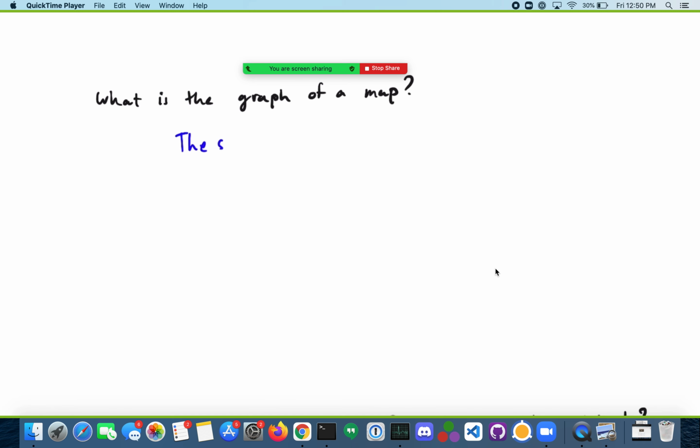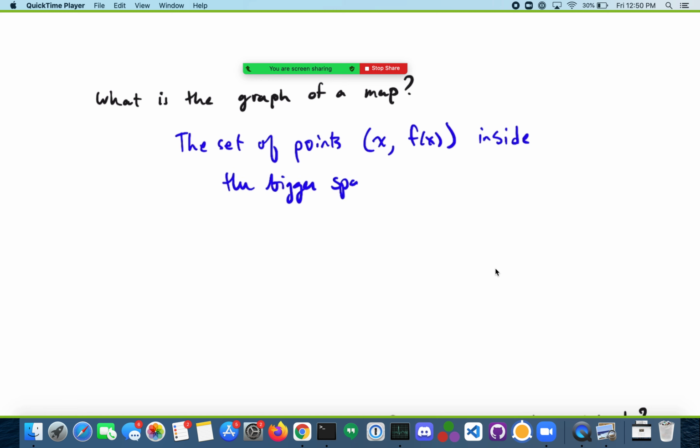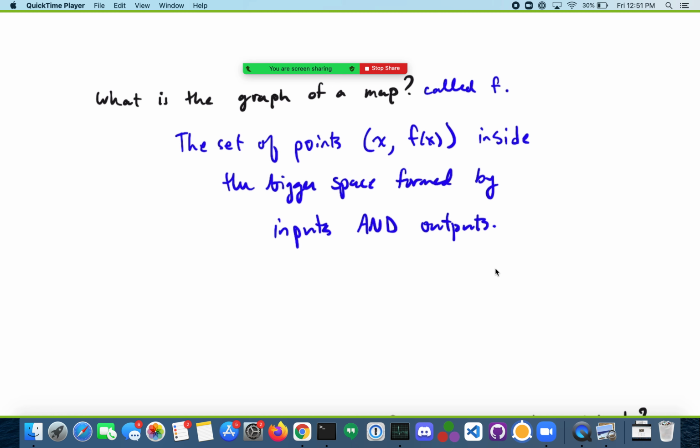The set of points x, f of x inside the bigger space formed by inputs and outputs. That's it. That's the graph of a map called f.